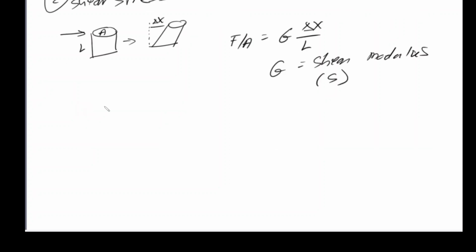I'd like to point out one little mathematical trick. If you have a body and you shift it over by an angle phi, and this is delta x and this is L, usually delta x and phi are very small.